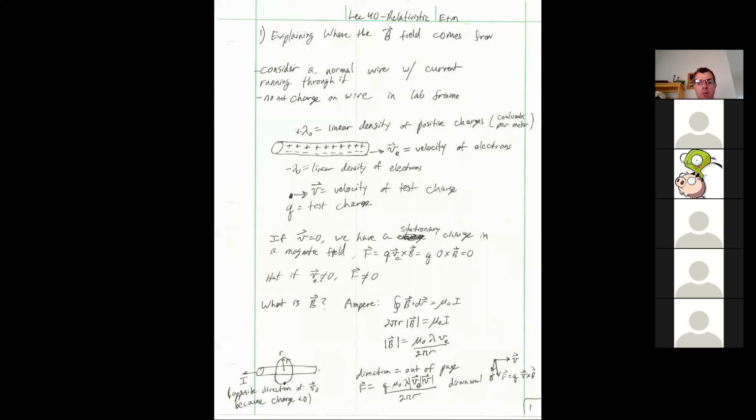We've got a wire. We've got the electrons going to the right, which means that the current is going to the left. So for the magnetic field, I take my right hand and curl it with my thumb pointing in the direction of current, and my fingers wind up coming out of the page, given that everything got mirrored around with the camera on Zoom.